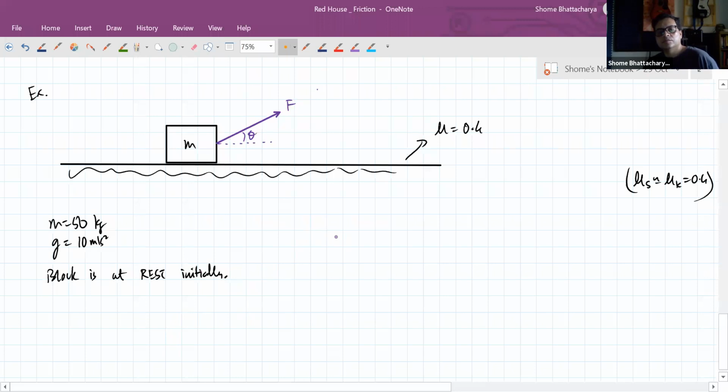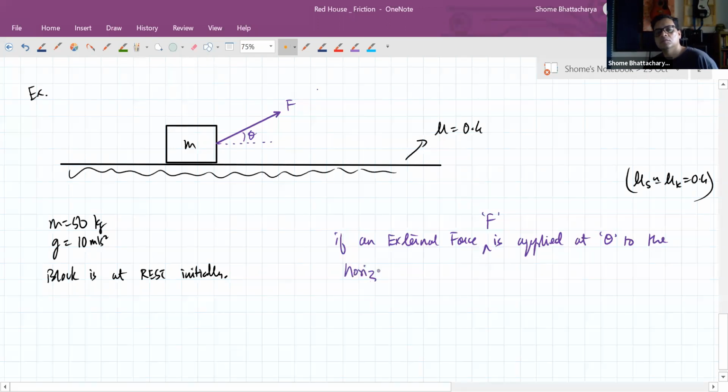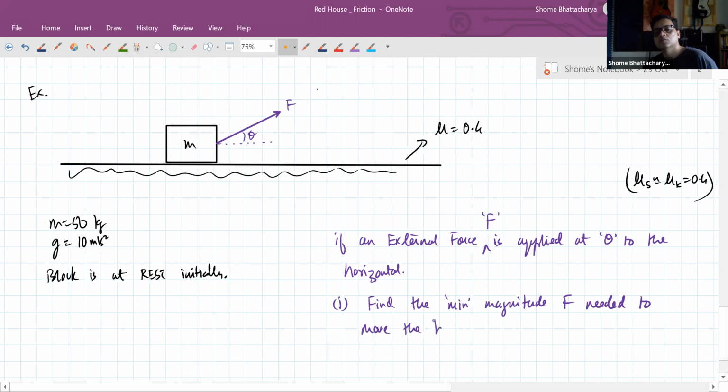So if an external force F is applied at theta to the horizontal, then first of all find the minimum magnitude of F needed to move the block, as a function of theta.